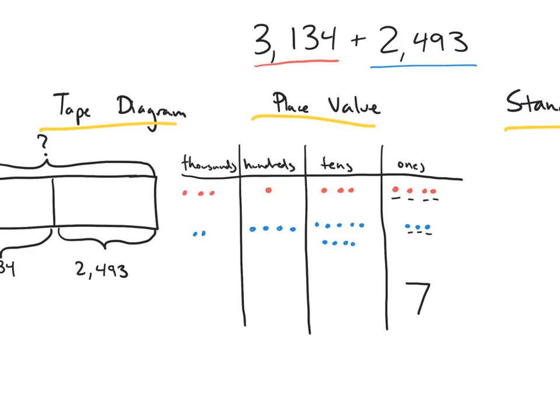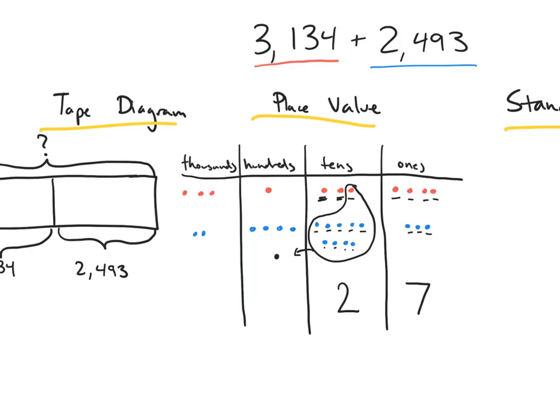Go to my tens place, I have 1, 2, 3, 4, 5, 6, 7, 8, 9, 10, 11, 12 tens. So this means I need to do a little bit of regrouping. I know I can regroup 10 tens together and create 100. And if I do that, I'm left with just 1, 2 tens up here, so I'll have 2 tens total.